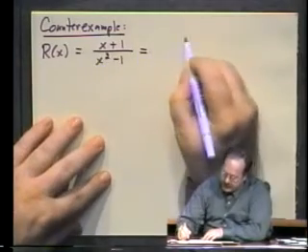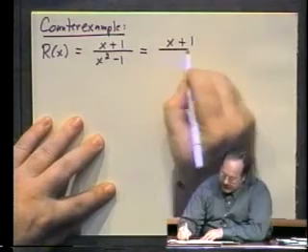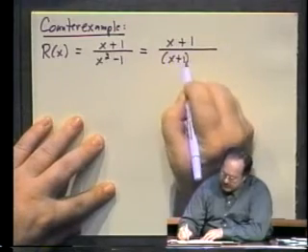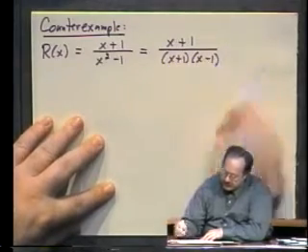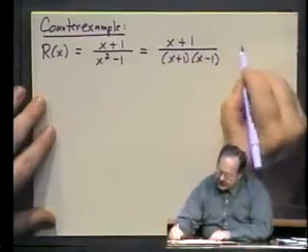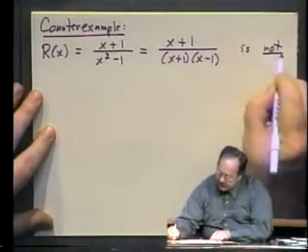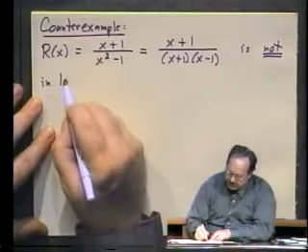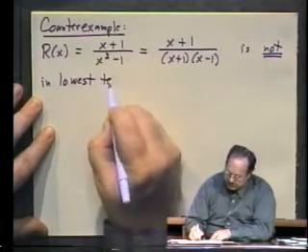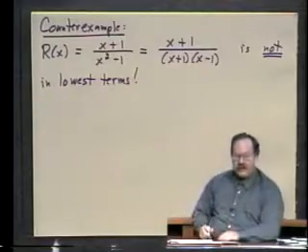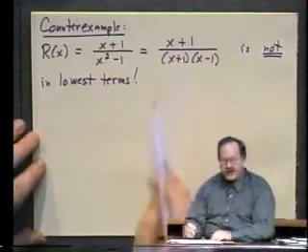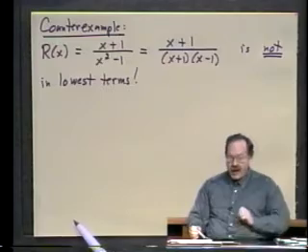Now you know the bottom factors, so let me do that. x plus 1 over x plus 1 times x minus 1. Now, this is clearly not in lowest terms, right? Because the factor x plus 1 is common to the top and the bottom. So this is not in lowest terms.